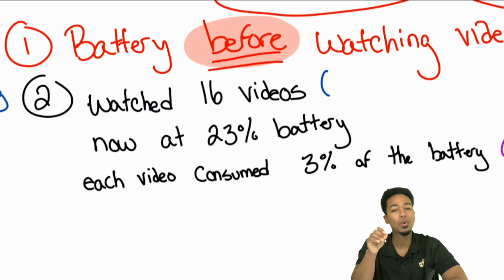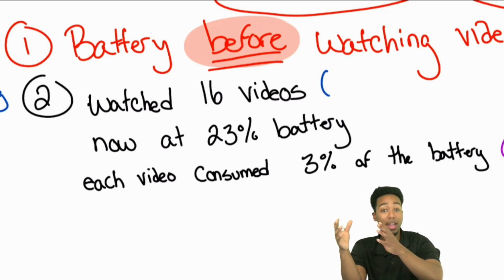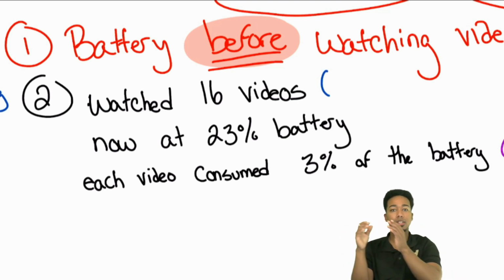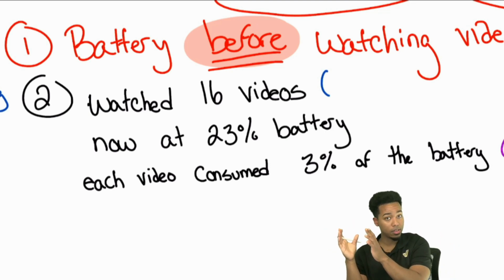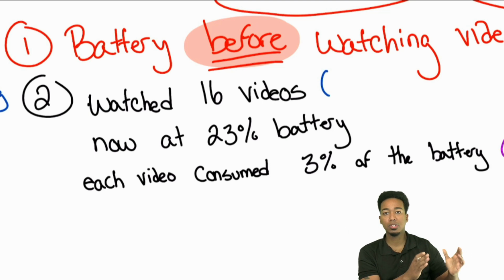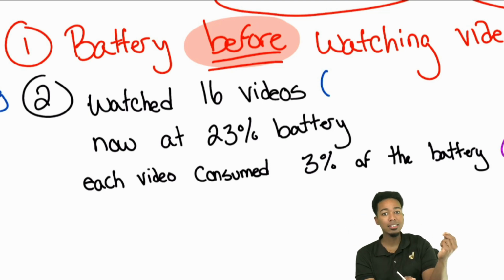Yeah, this is going to represent your timeline. This represents basically what happened to take us from the beginning to the end. We started at a certain battery level. We ended at 23%. And basically what happened to get from beginning to end was we watched 16 videos.